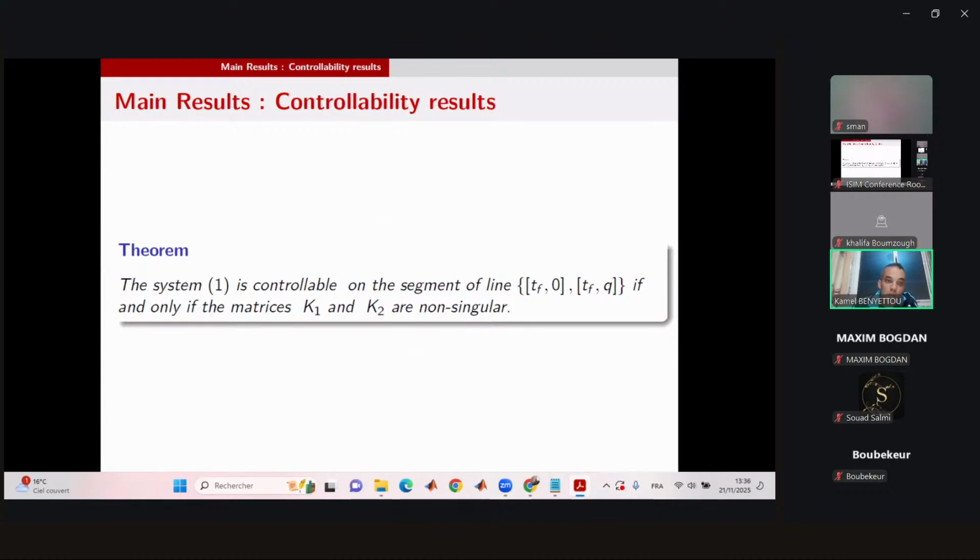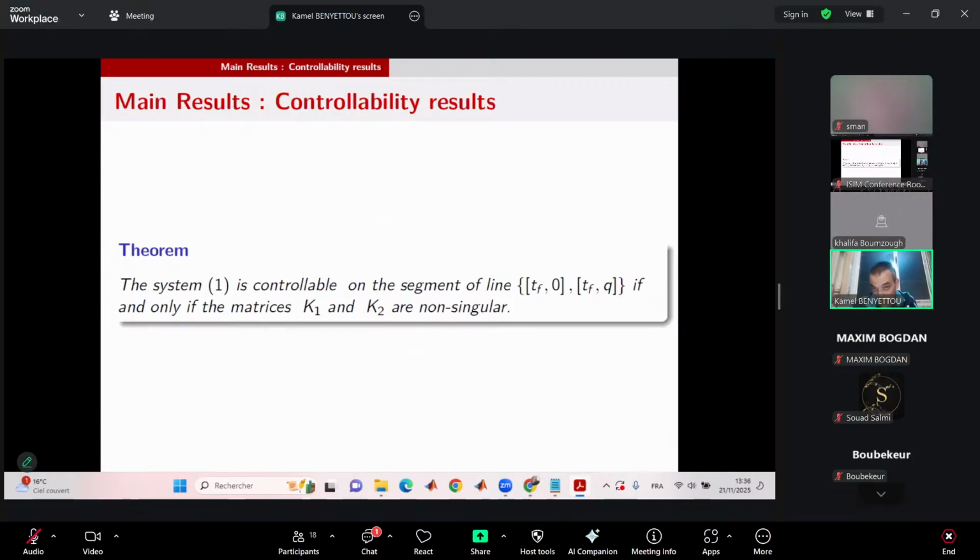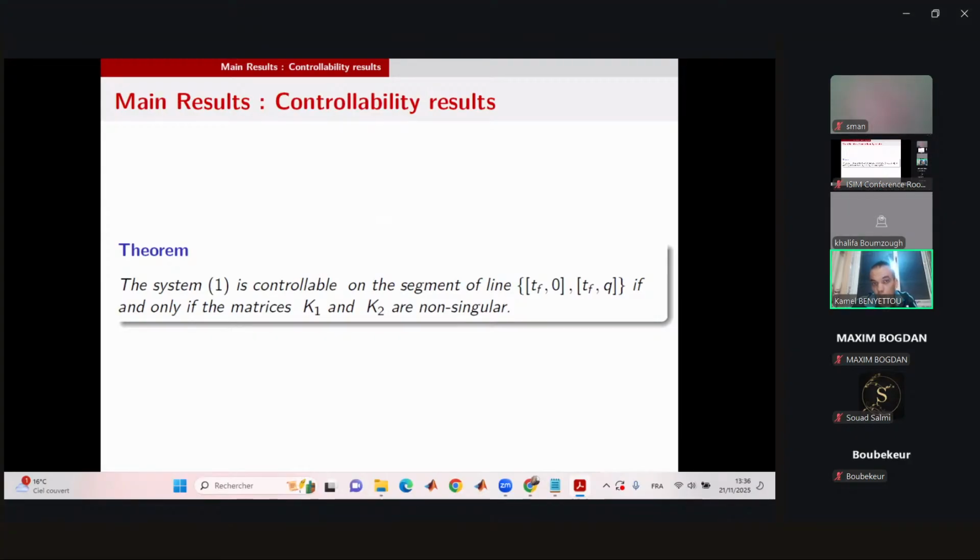The system 1 is controlled on the segment line [TF0, TFQ] if and only if the two matrices Q1 and Q2 are non-singular. It means that to ensure the controllability of the first system, we can use the controllability of the two obtained subsystems.